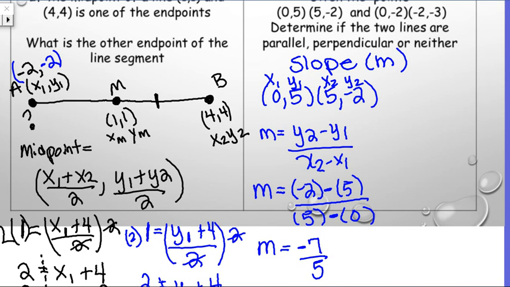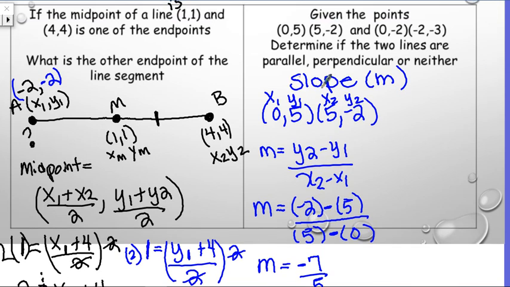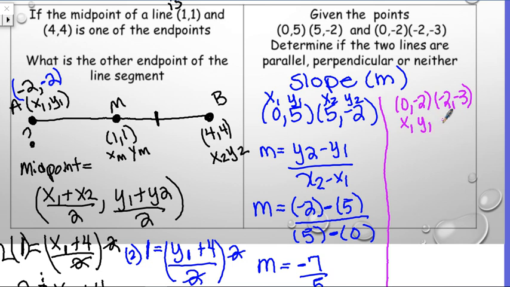Now we're going to go and find the slope of the second line. So I'm going to draw some separation here. So we get 0, negative 2. And then we get negative 2, negative 3. I'm going to call this x1, y1, x2, y2.